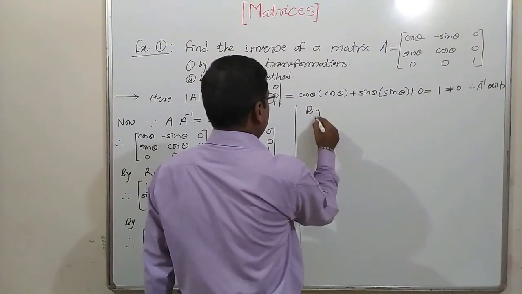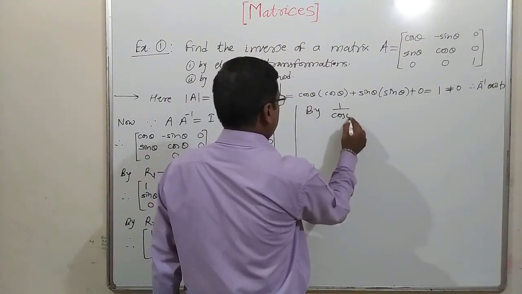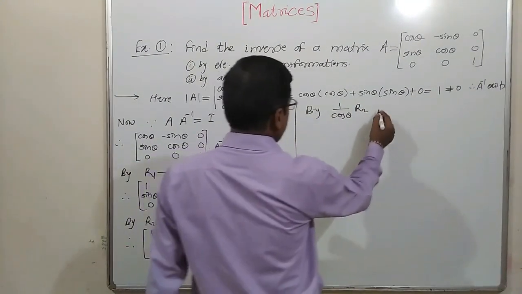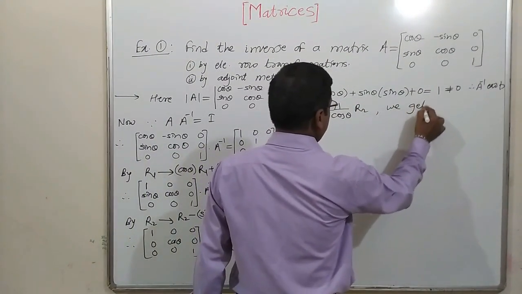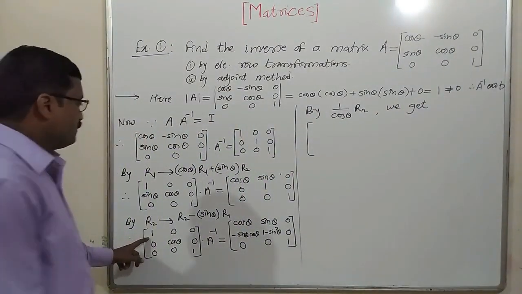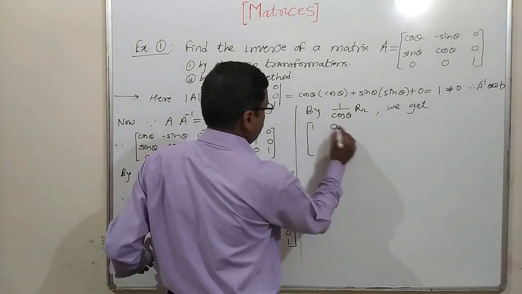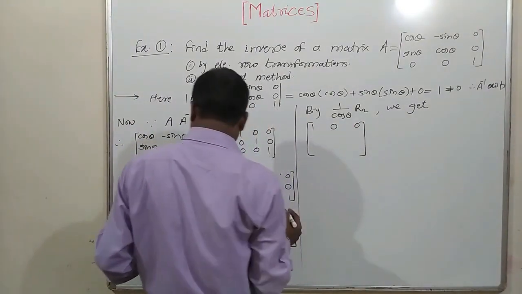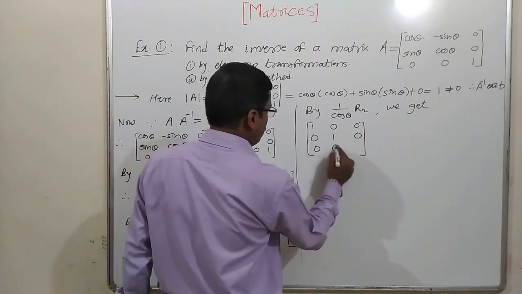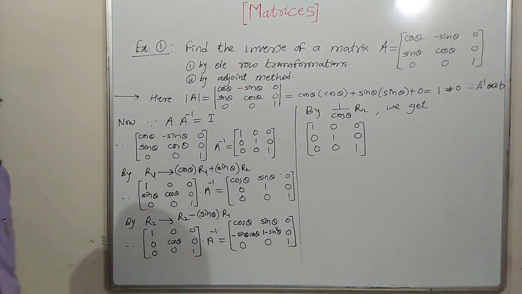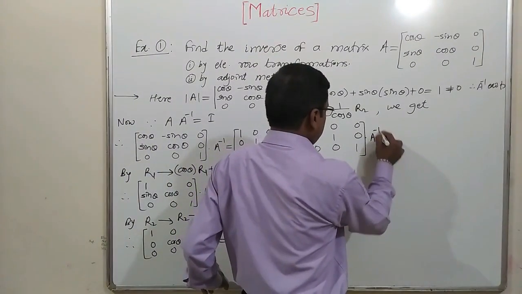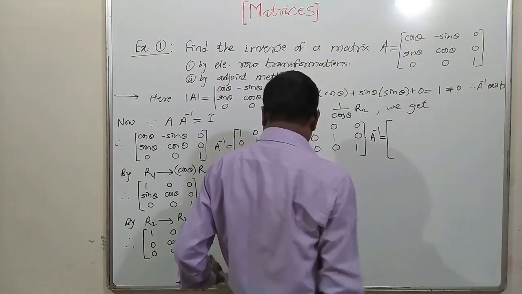Now by 1 upon cos theta into r2, by this operation, we get the first row as it is 1 0 0, 0 1 0, last is 0 0 1 into A inverse equal to the right.